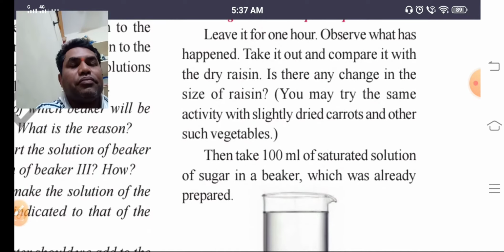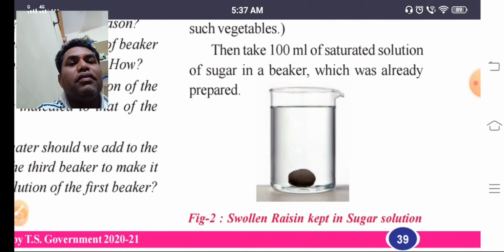Then take 100 ml of saturated solution of sugar in a beaker which was already prepared.